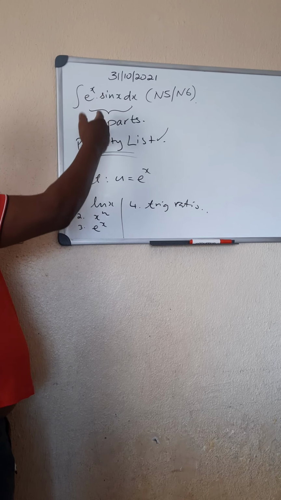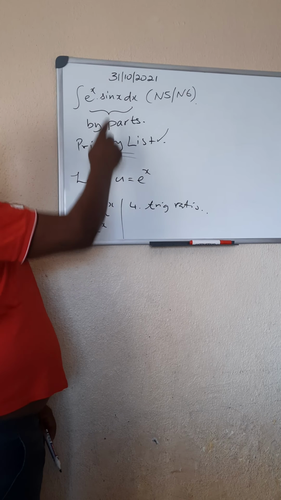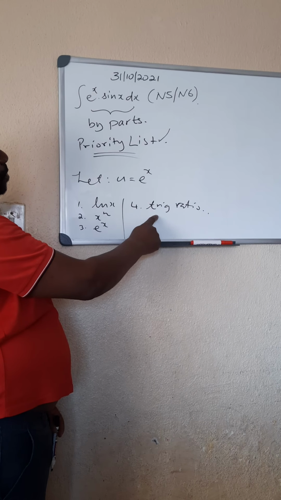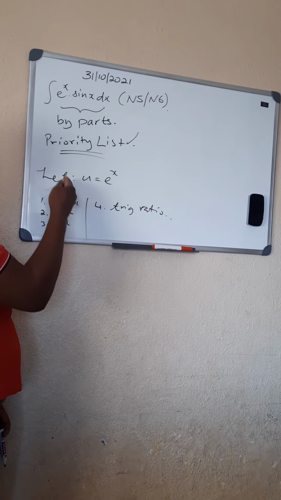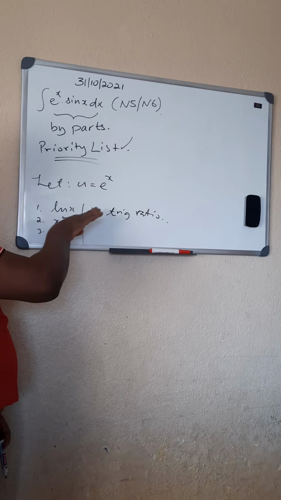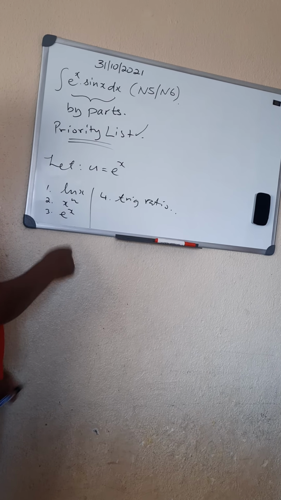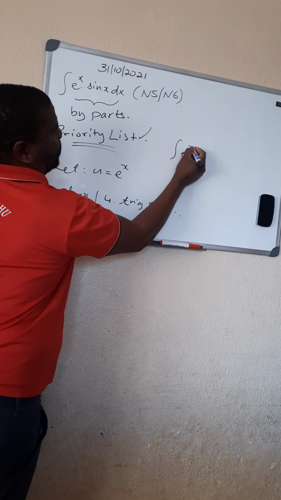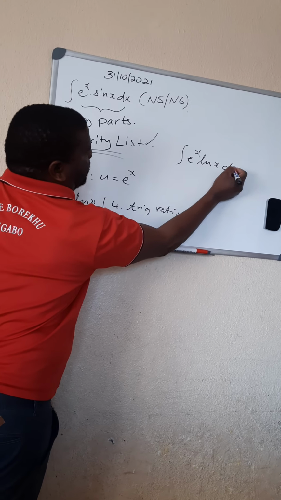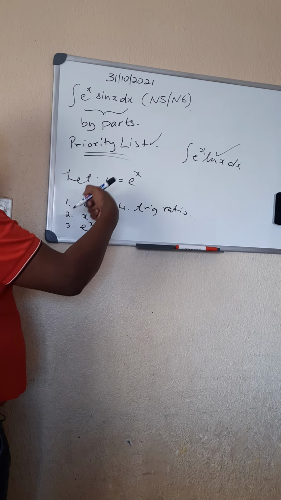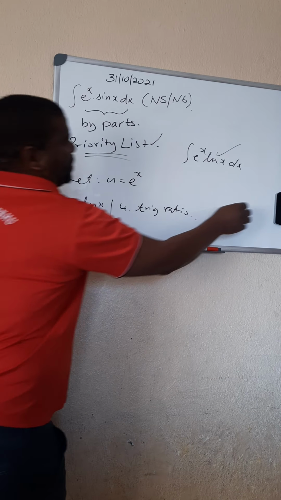So in this case, we can see that the e to the x comes long before the trig ratio in this priority. So then we will have this as the u. If we were having something like this, then our u will be that. Why? Because it comes first on the list here. So I think that's clear.